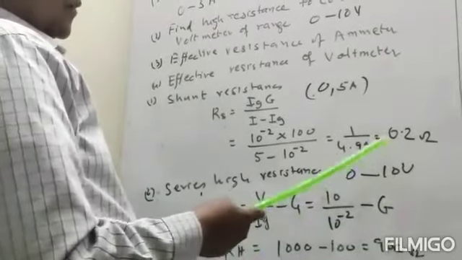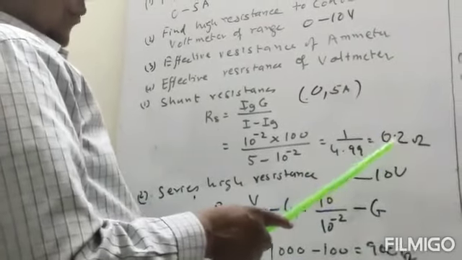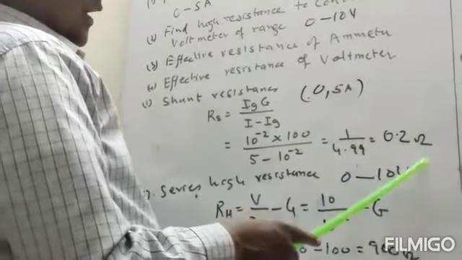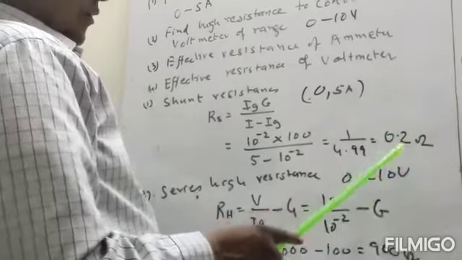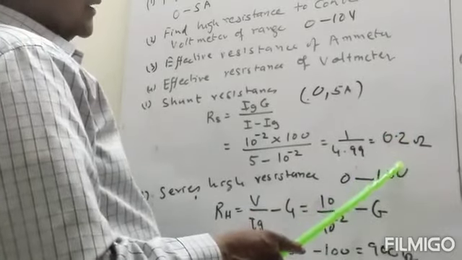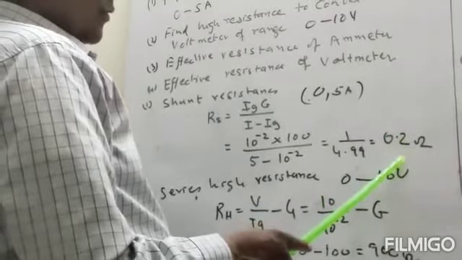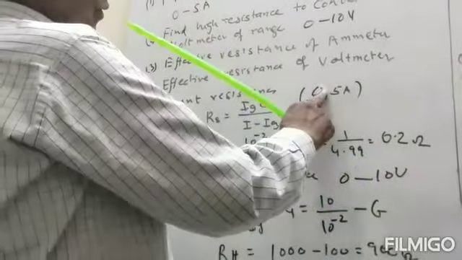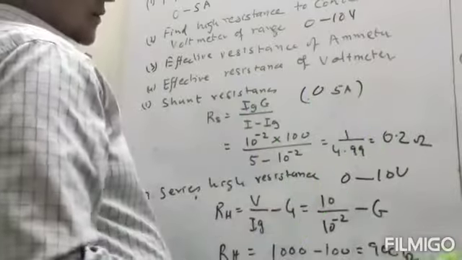And here we will take a 0.2 ohm resistance parallel to the galvanometer, so that it is converted to an ammeter which can detect the current from 0 to 5 ampere.